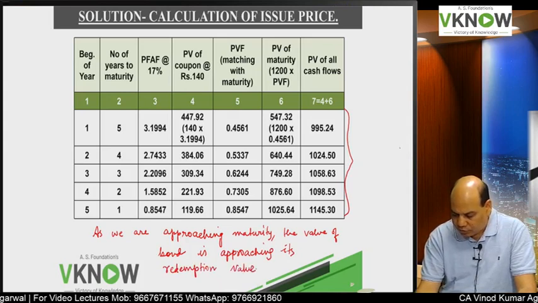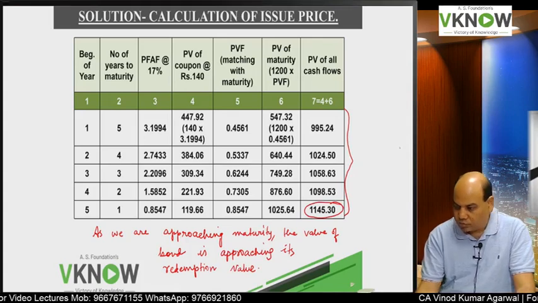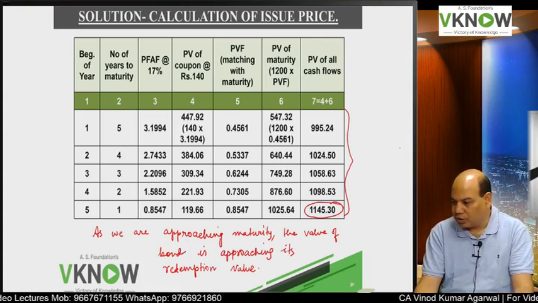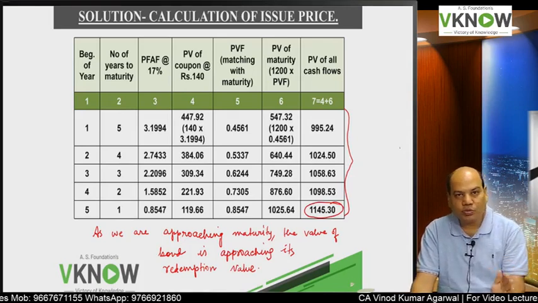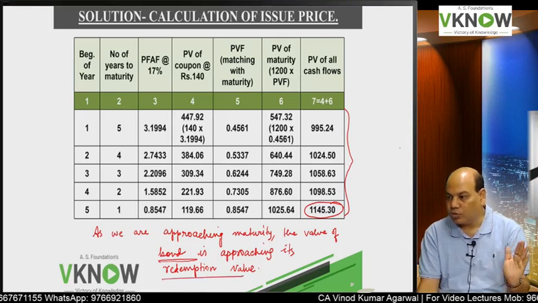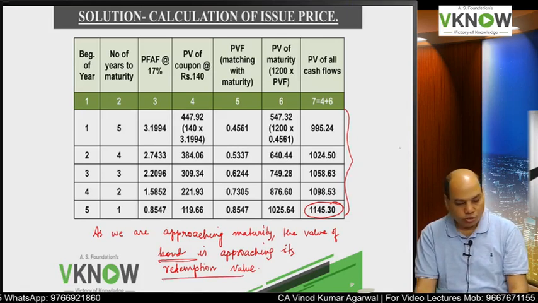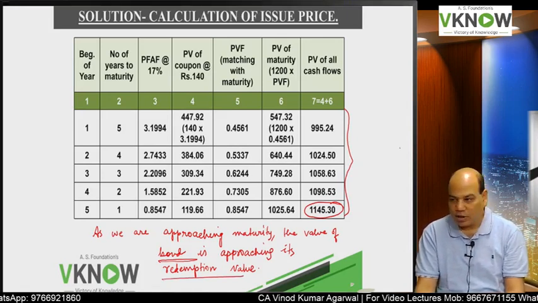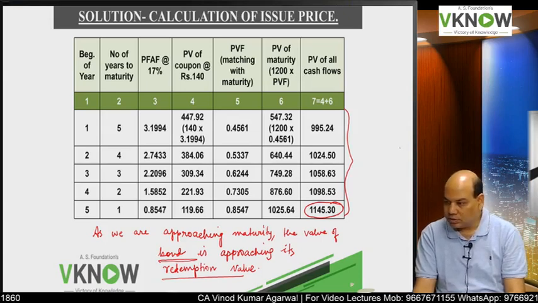The redemption value is 1200 rupees. So in the 5th year it is 1145.30. As you reach closer and closer to maturity, the value of the bond will also move closer and closer to the redemption value. This note was written in some earlier paragraphs also. So is this answer right? Can we go to the next question now?